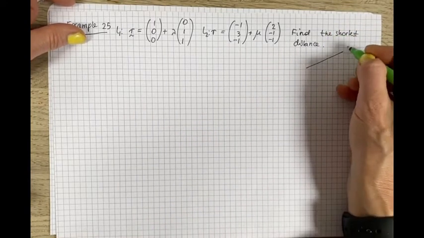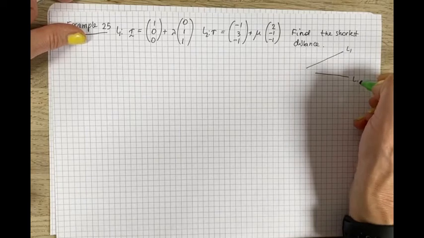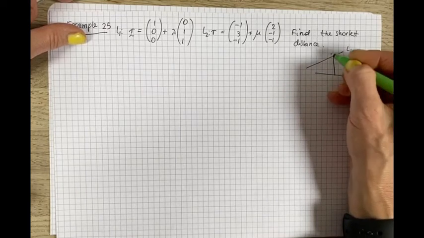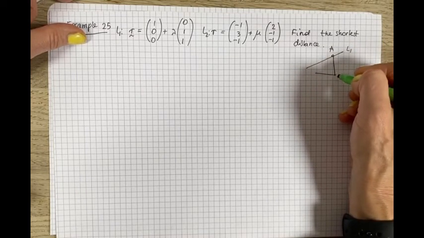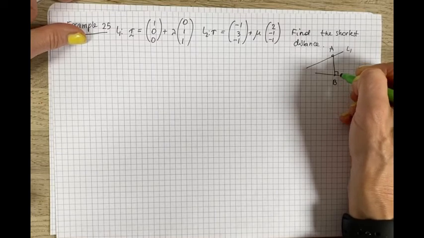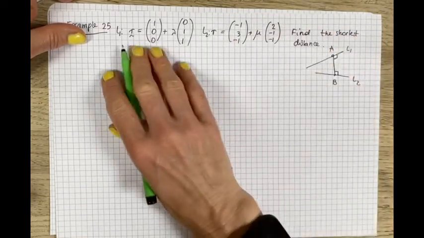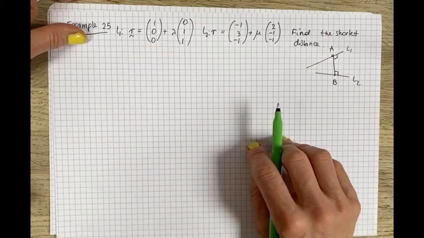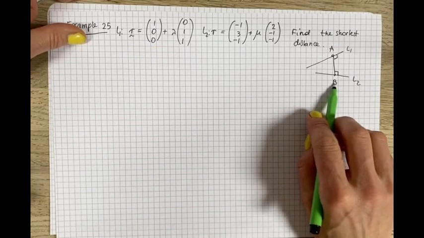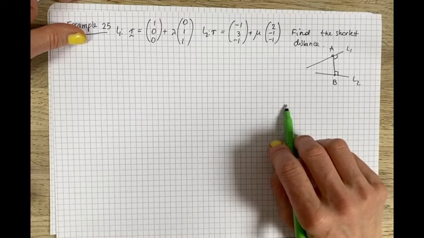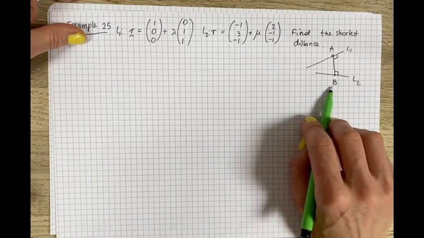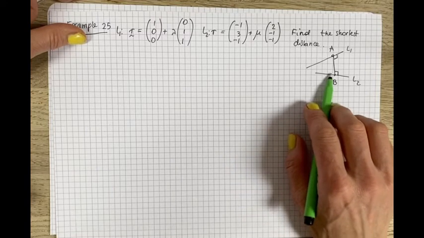So you're talking about L1 and L2, and then we've got a similar approach to what we've just done. You pick a point on L1 and express it in terms of a general vector of L1, and pick a point on L2 again in terms of a general form of a straight line, and then you find AB.